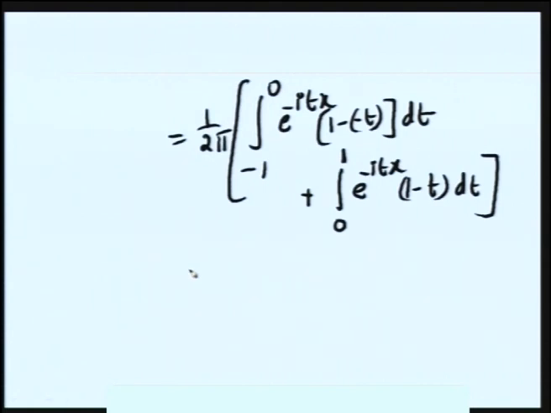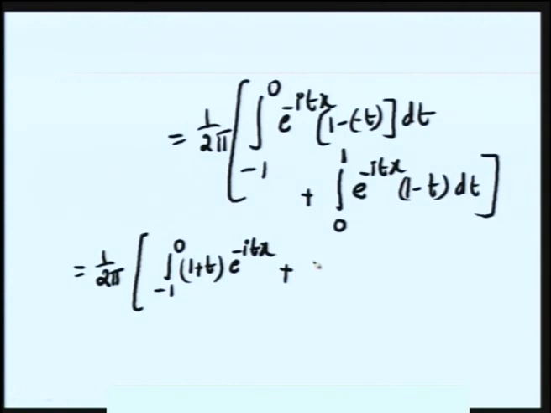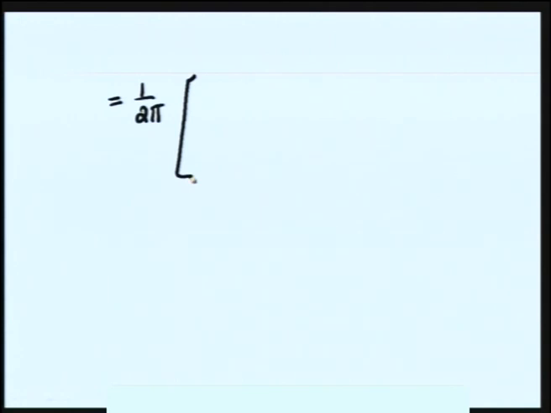Okay. Now we have to integrate this, which is equal to 1 by 2 pi. Okay. What is the integration? Minus 1 to 0, we have to integrate 1 plus t into e power minus i t x, plus 0 to 1, 1 minus t into e power minus i t x dt. We will do the integration, 1 by 2 pi.